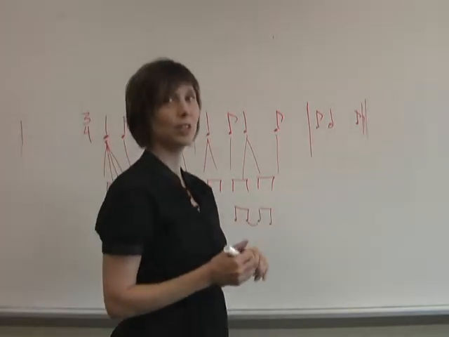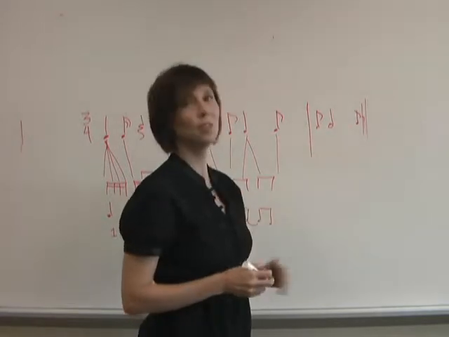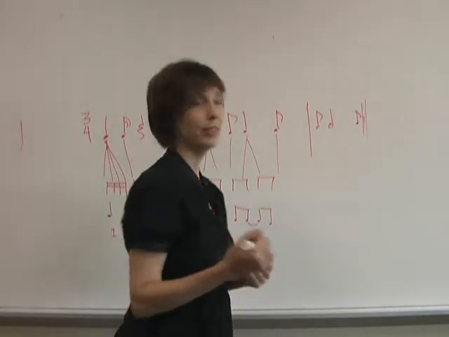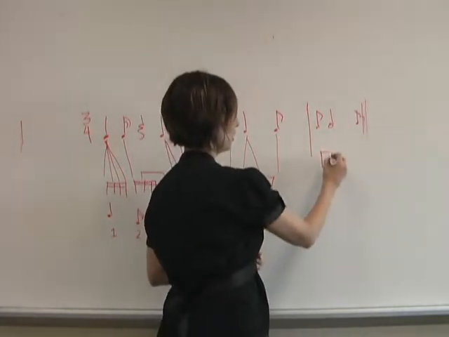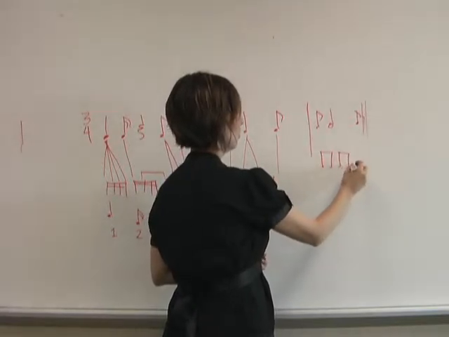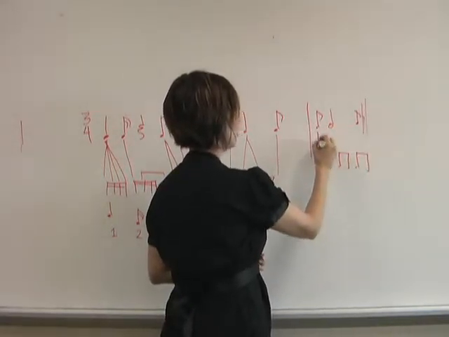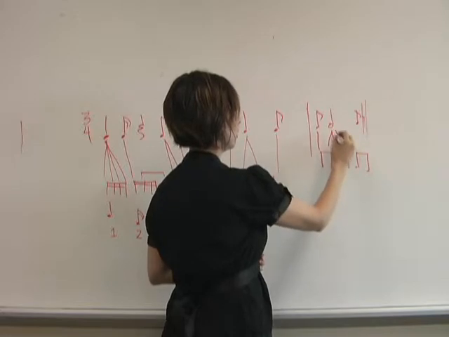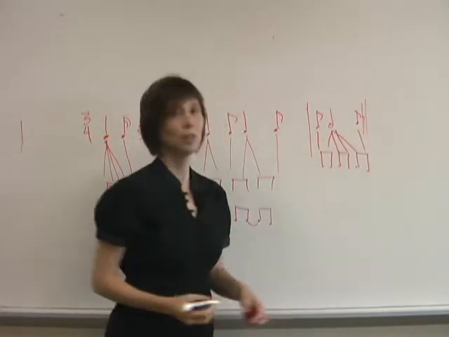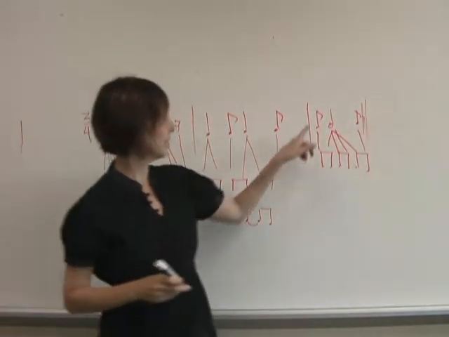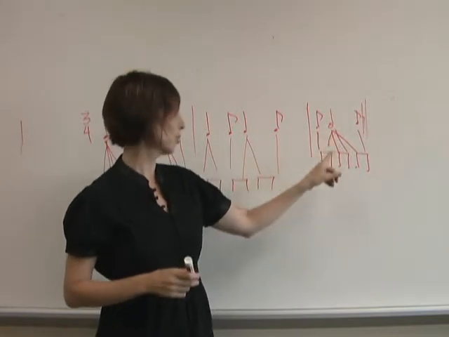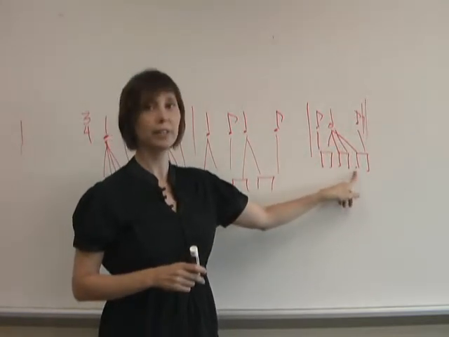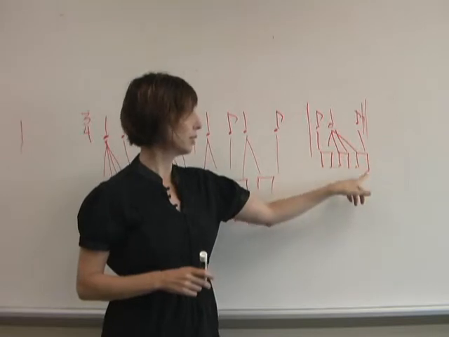Here's our last measure. Again, our shortest note value is an 8th note, so we figure out this 8th note goes here, a half note is worth 4, 1, 2, 3, 4 8th notes, and then we have another 8th note here.